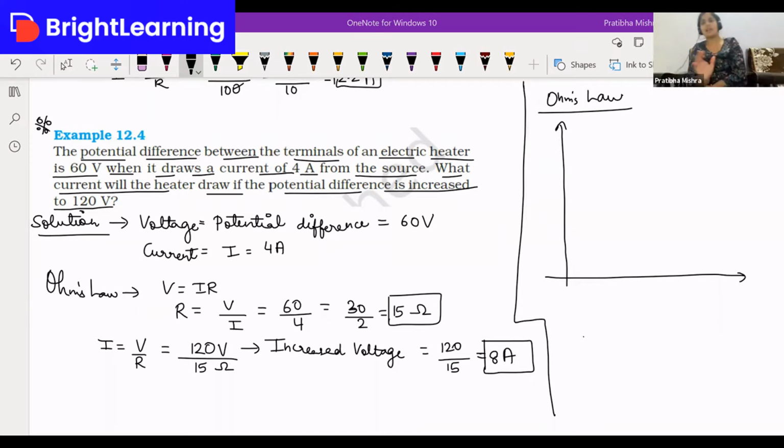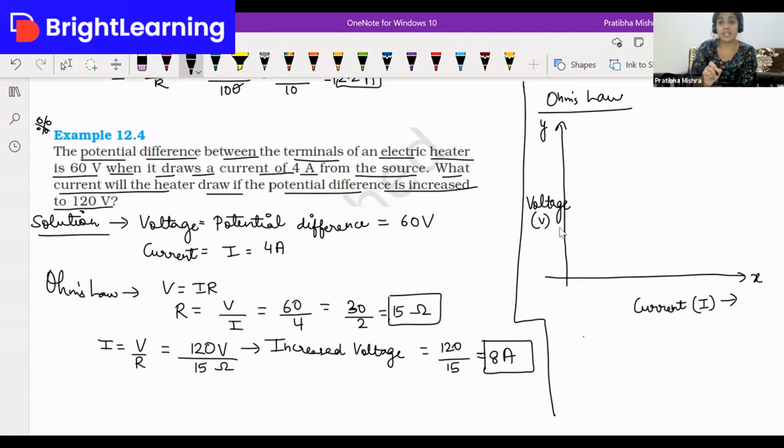On the y-axis, you consider your voltage. On the x-axis, you consider current. Current is nothing but flow of electrons, which is electricity itself. Current is represented by the capital symbol I, and voltage by the capital symbol V.